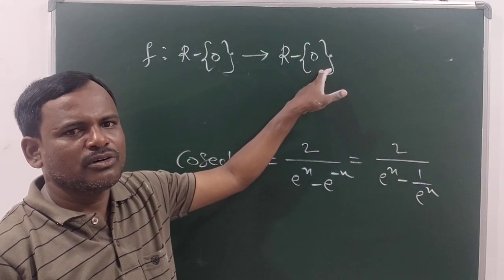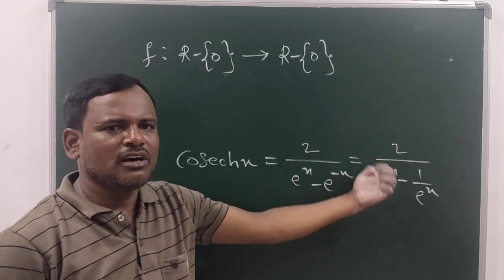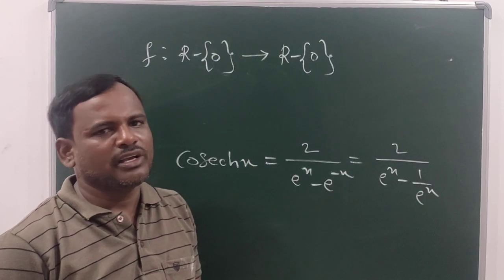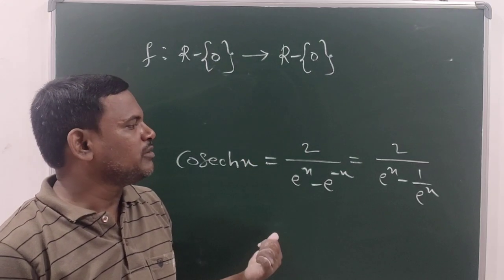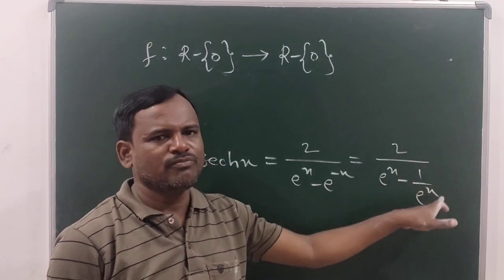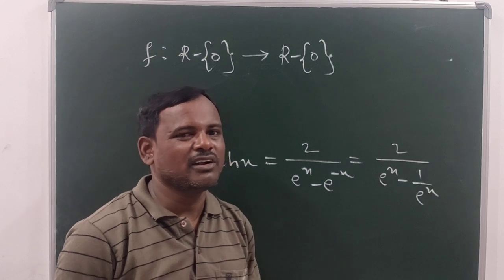Other than 0, it can be given positive real numbers, all negative real numbers. Because suppose if you write x equal to positive infinity, this part becomes 0 and the rest of the part approaches 0 but not 0.